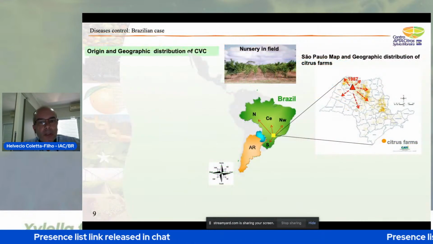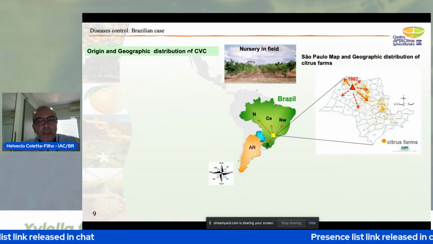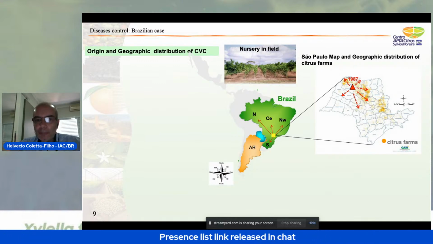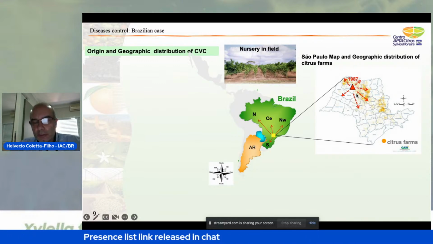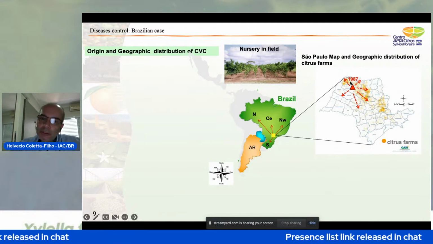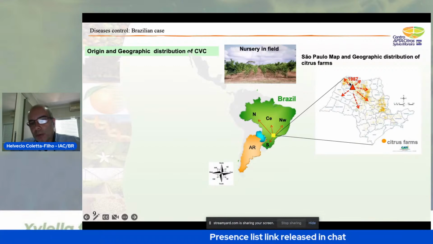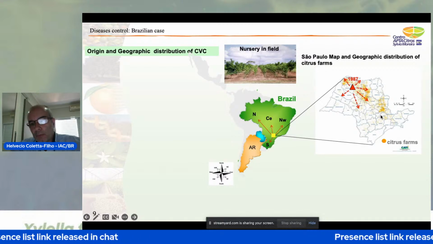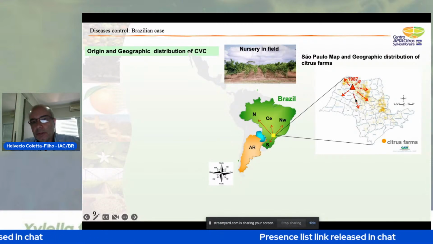Now, about the distribution of Xylella at that time. It was first reported in 1987, and the disease quickly spread over São Paulo State, from south to north and east to west.